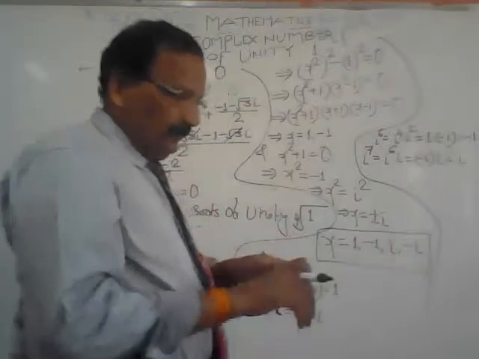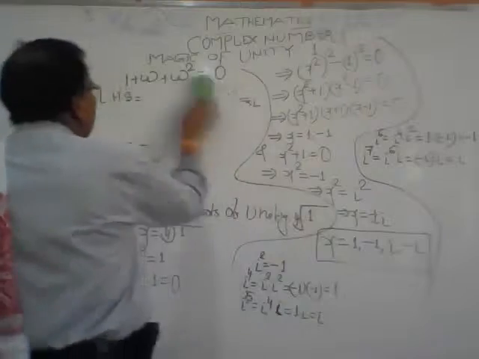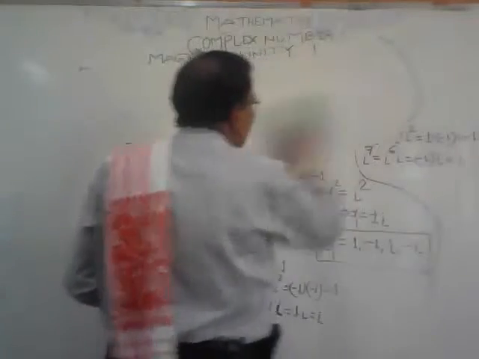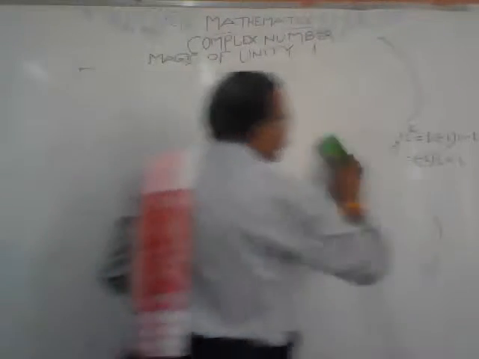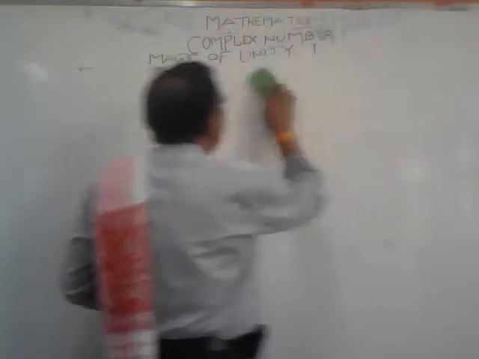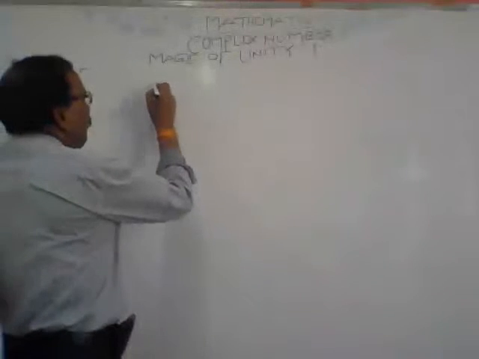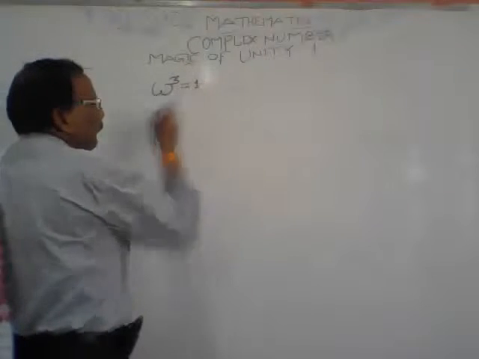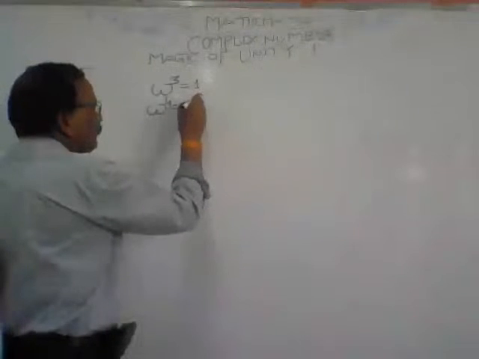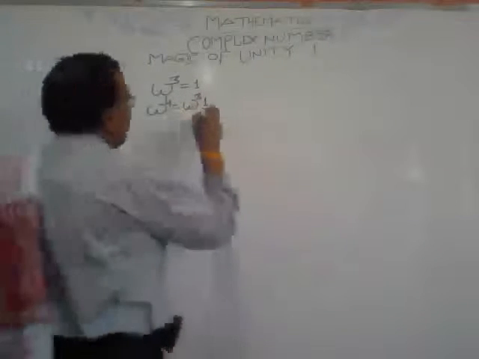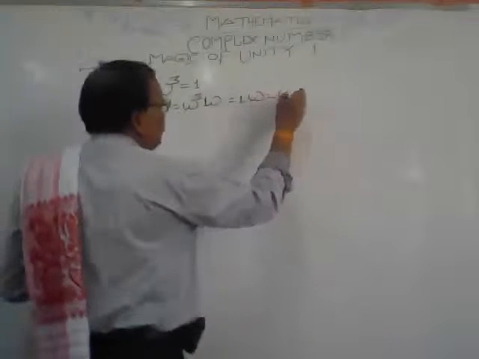Okay. Now the same magic applies to omega. The magic of omega: omega cube is equal to 1. So omega to the power 4 is equal to omega cube into omega, which is 1 into omega, which is equal to omega.